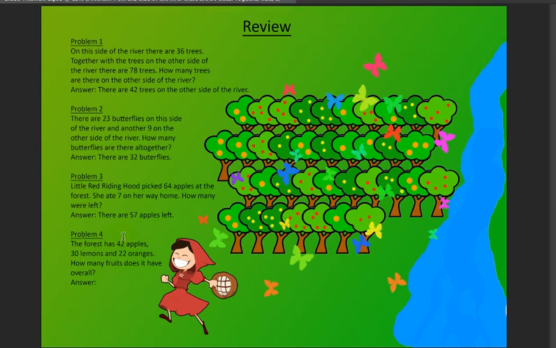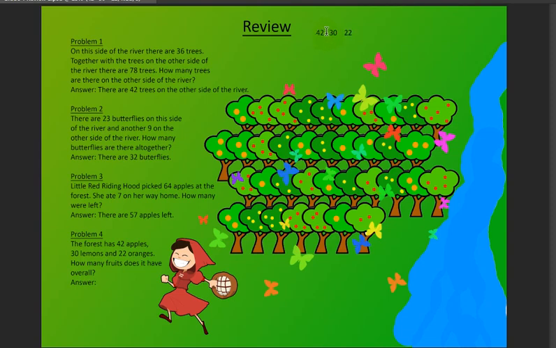Next problem says the forest has 42 apples, 30 lemons, and 22 oranges, as you can see here. How many fruits does it have overall? So, 42 apples, 30 lemons, and 22 oranges.